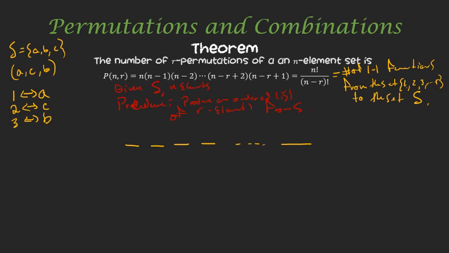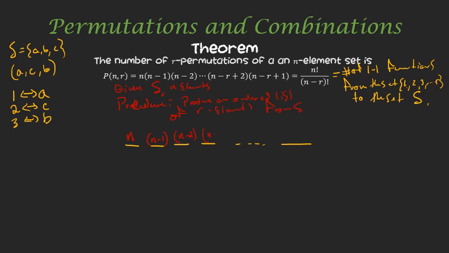And so how many ways are there to fill out this list? Well, for the first element of the list, I have n different choices because there's n elements in my set, so n here. And then for the second one, I've already used the first element. Since there's no repetition allowed in permutations, I can't use the first element that I already picked. And so there's only n minus 1 choices for this. And then for the third choice, I've already used 2, so I have n minus 2 choices.